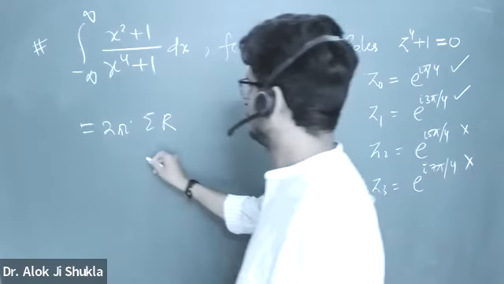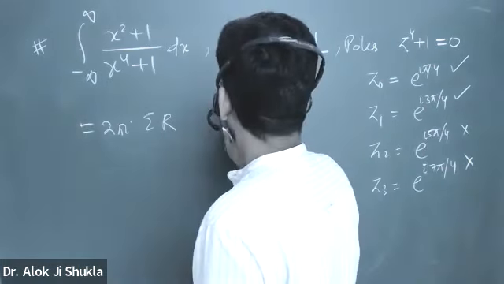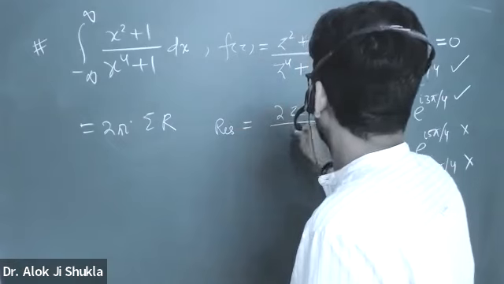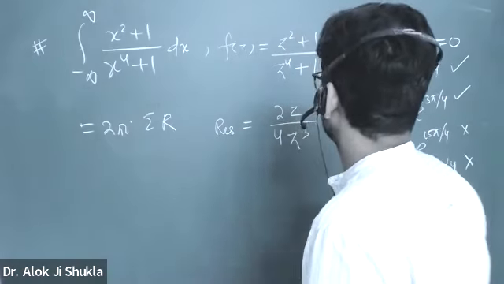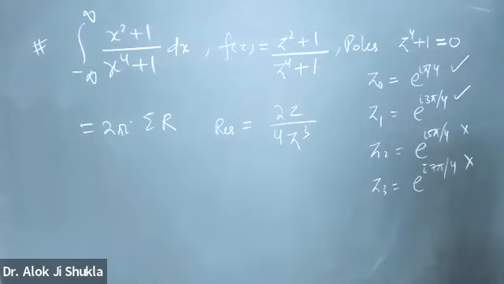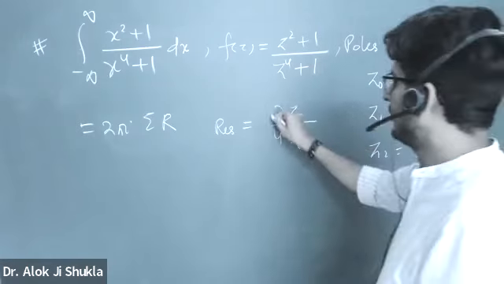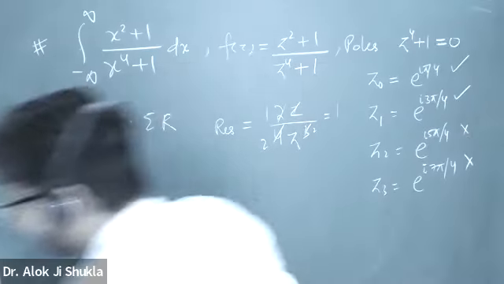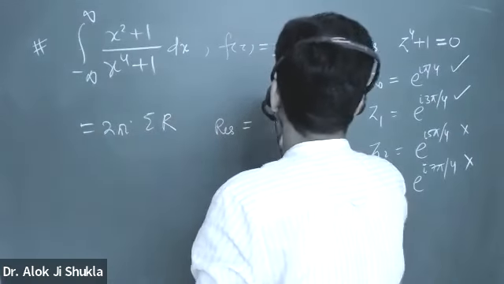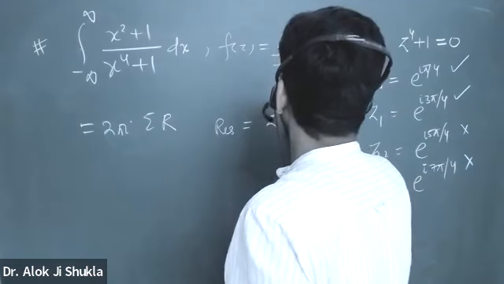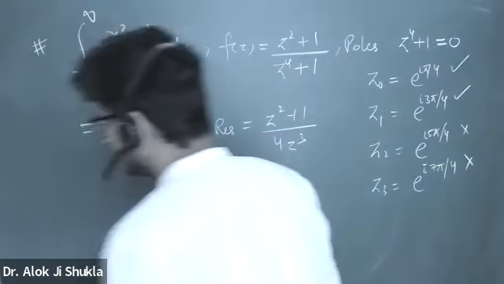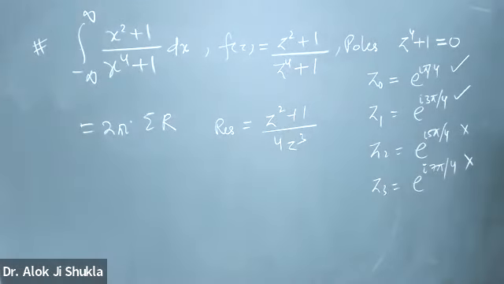So the residue will be phi z upon psi dash z, that is 2z upon 4z cube. Sorry, we take the derivative of the denominator. So it is z square plus 1 upon 4z cube.